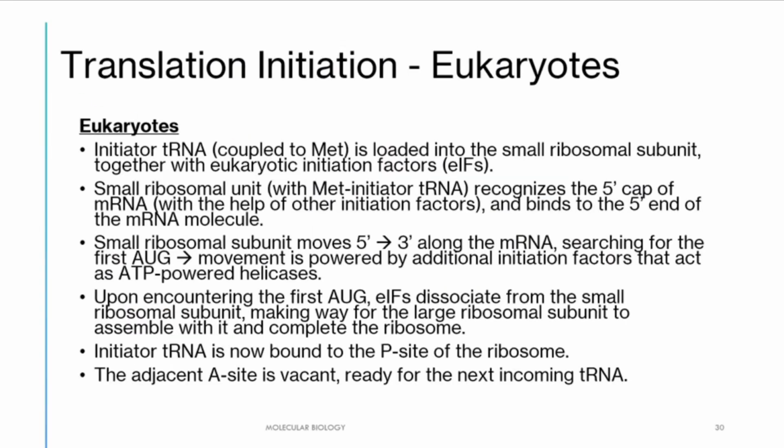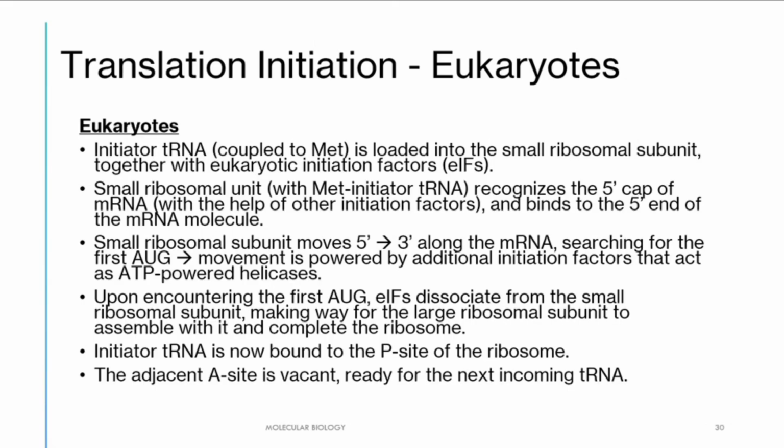Now let's take a look at eukaryotic cells instead. For eukaryotic cells, the translation initiation process is a little bit more complicated because it involves more molecules, and it also involves a lot of scanning by the ribosomes. So in eukaryotic cells, the initiator tRNA, which is coupled to the methionine, is going to be loaded onto the small ribosomal subunit first, together with a lot of proteins called eukaryotic initiation factors, eIFs.